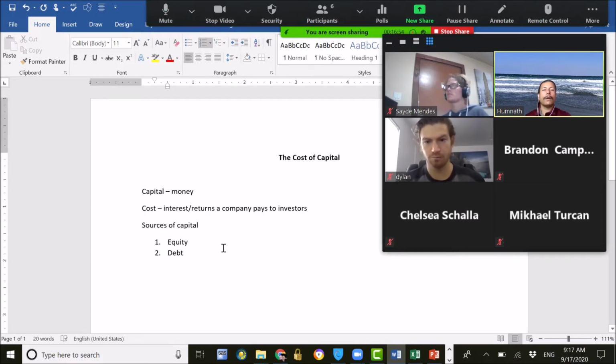A company can generate capital from different sources. The first one, they can issue shares. The second one, they can issue bonds. We already covered equity valuation and debt valuation, right?